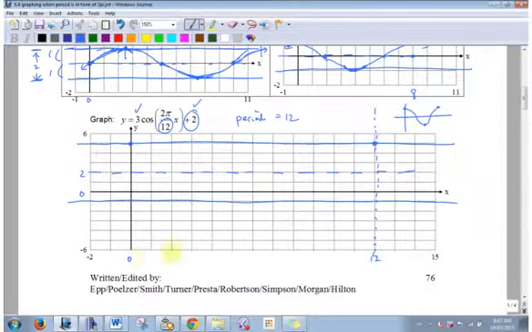That's 1, 2, 3, 4, 5, 6. That goes down to there. And then halfway between the minimums and the maximums, those are the zeros. Nice handy dandy 1, 2, 3. 1, 2, 3. Roundy, roundy, roundy. Join the points.